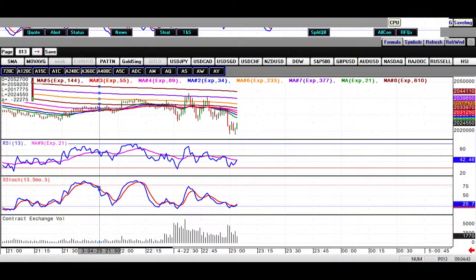Okay, let me see the Nasdaq dashboard. The sell for the gold, yeah, it's still valid, because we are still with the trend.